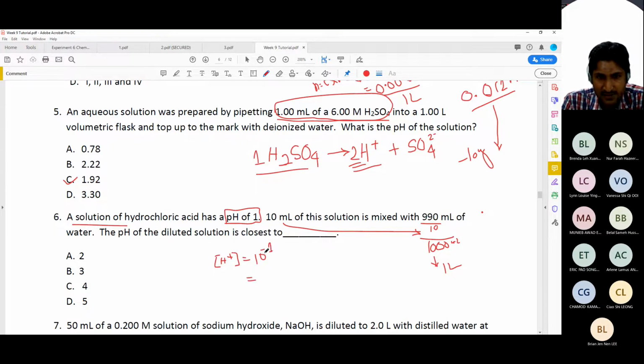This is the number of moles of hydrogen ion, and in 1 liter it becomes 0.1 molar solution.